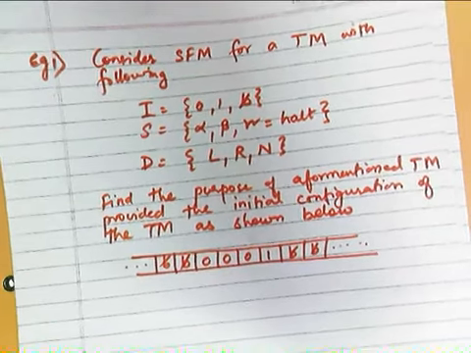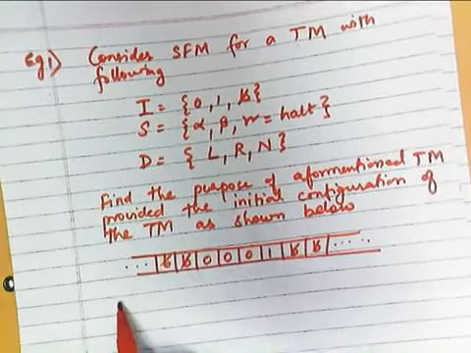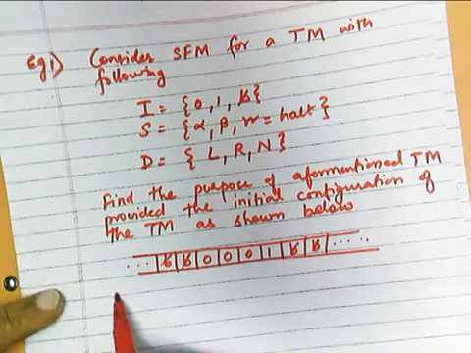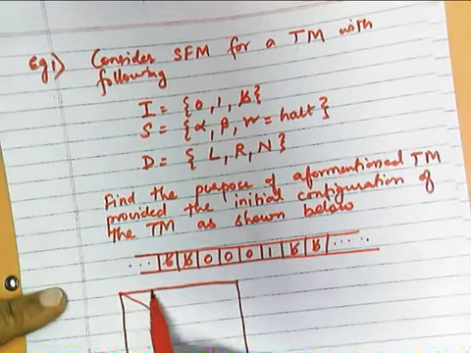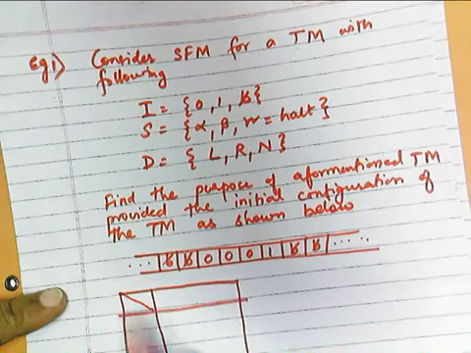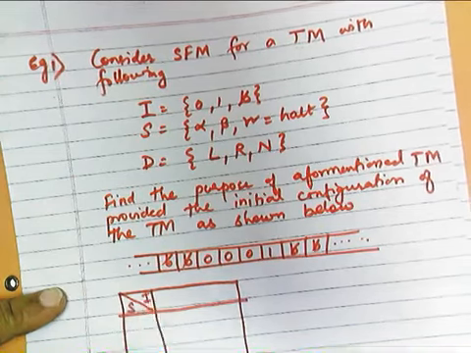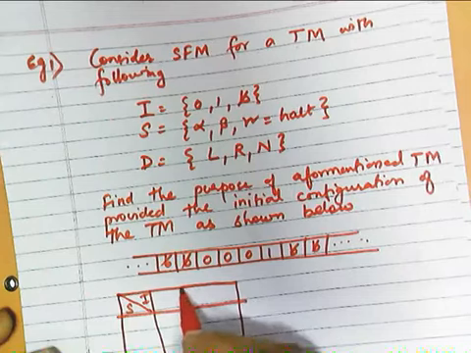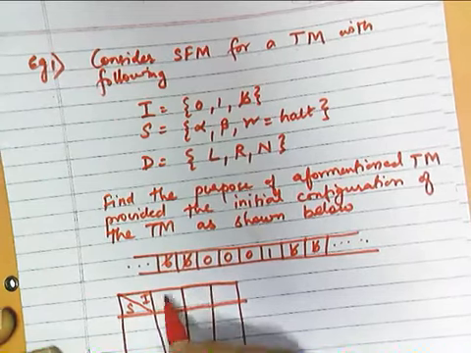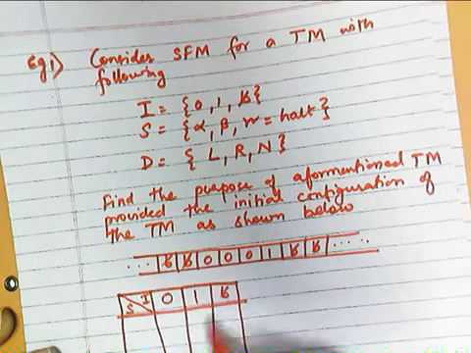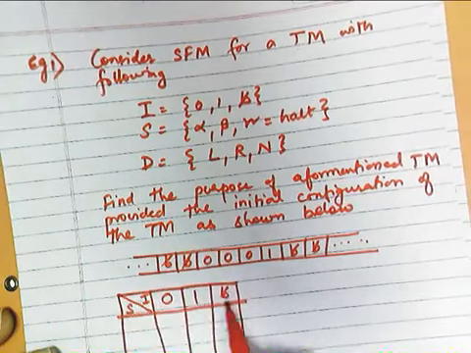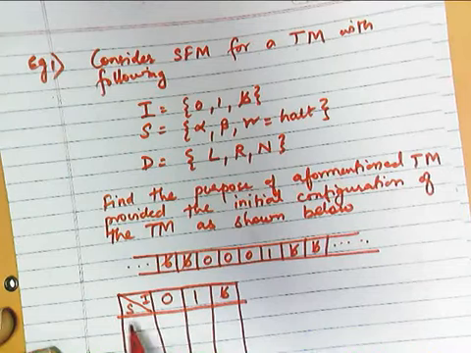Okay. Now the SFM given is a functional matrix in which you have information about the states, the input and the transitions. So the input symbols are 0, 1 and blank, that is, the allowable characters on the tape.